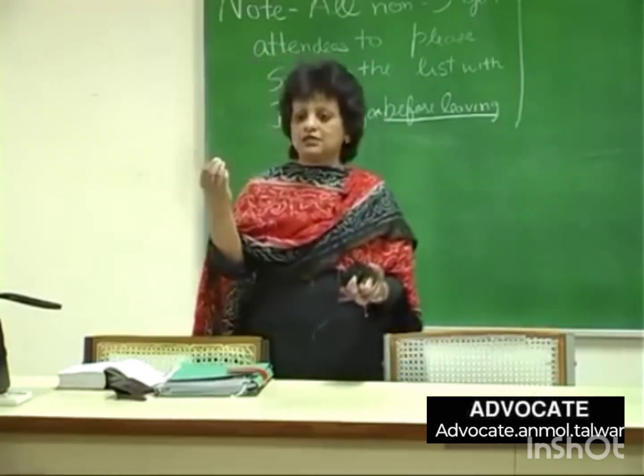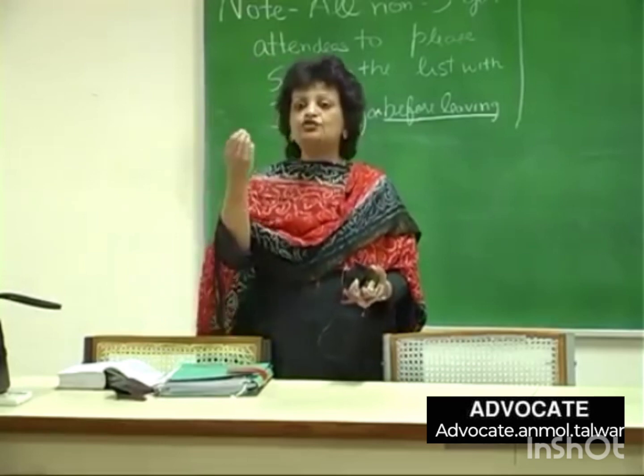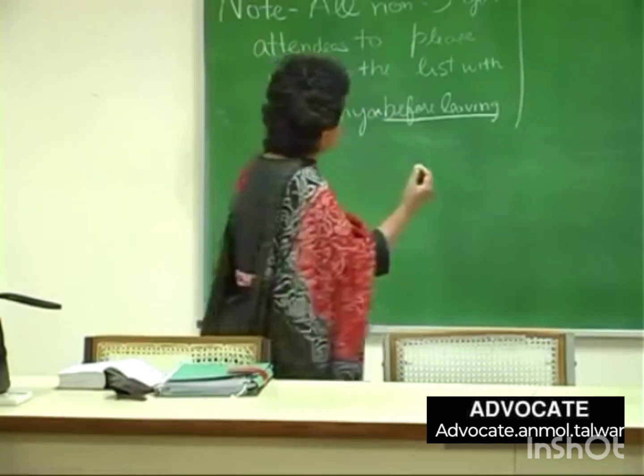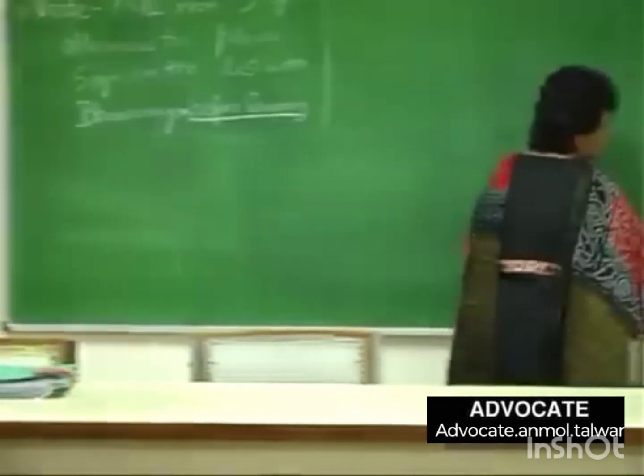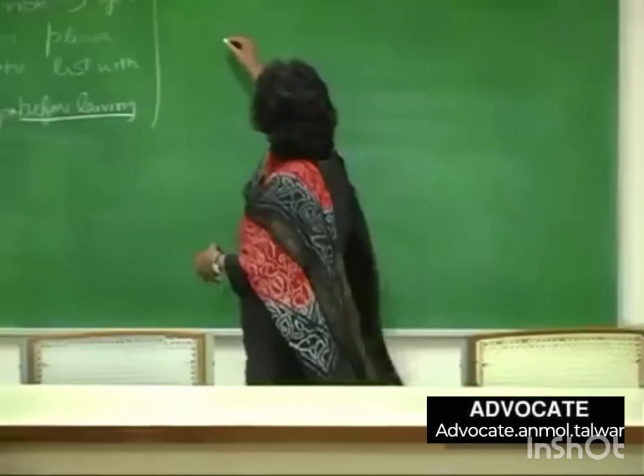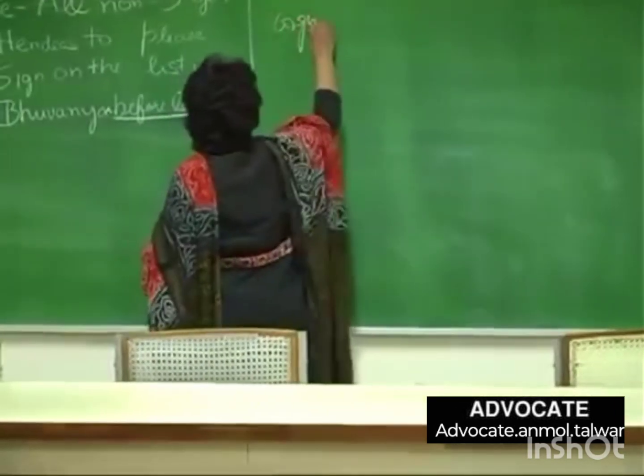A crime is committed. There are two types of offenses, and you should know that. One called cognizable offenses and the other non-cognizable offenses.